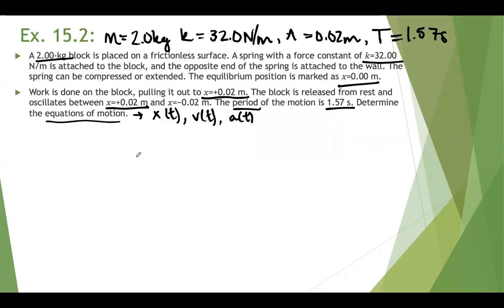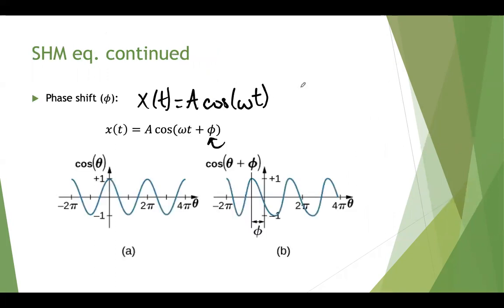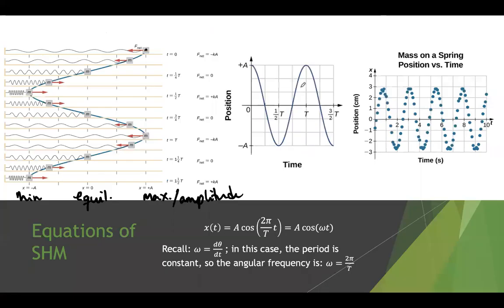So we have x of t is equal to A cosine omega t. So we need to find our omega. Okay. So let's go back. And remember what omega is equal to. Omega is 2 pi over the period.